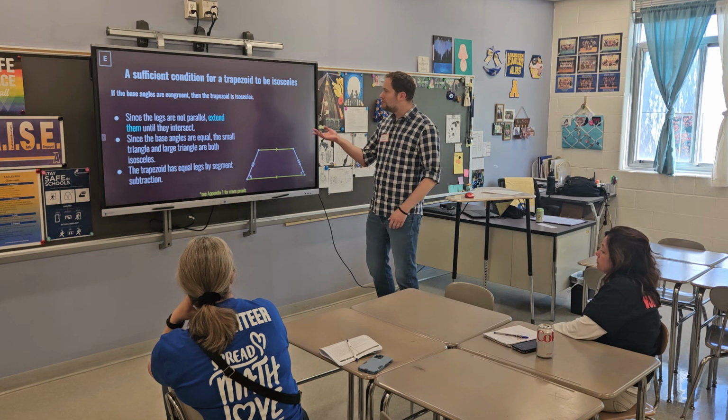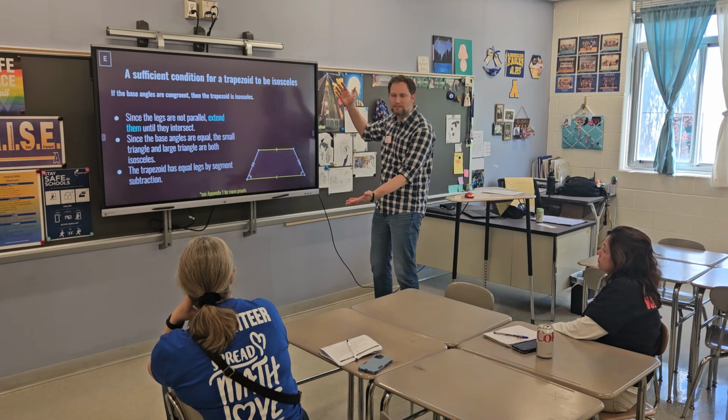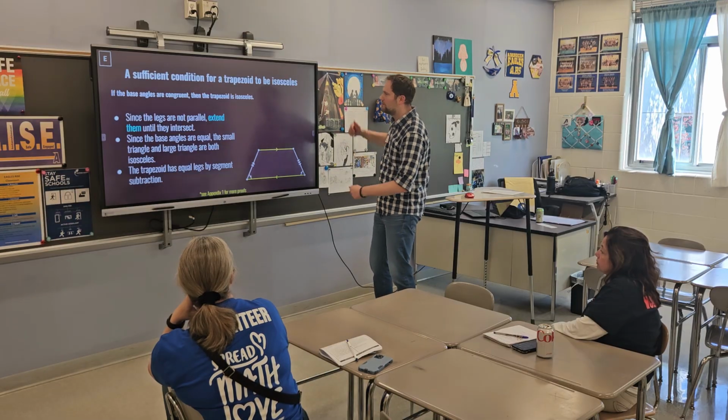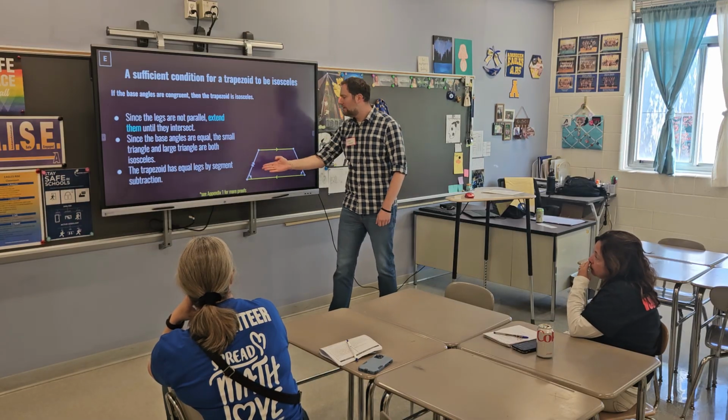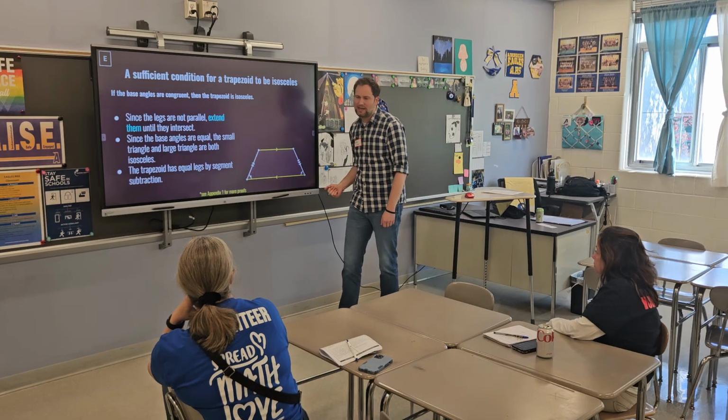Okay, so let's do a quick proof from the exclusive camp that would appear in any geometry textbook of old. The thing we're proving is that it's sufficient to prove this is an isosceles trapezoid if we know the base angles are equal.